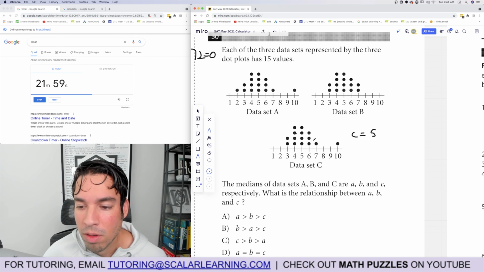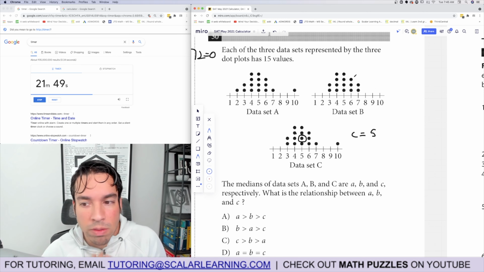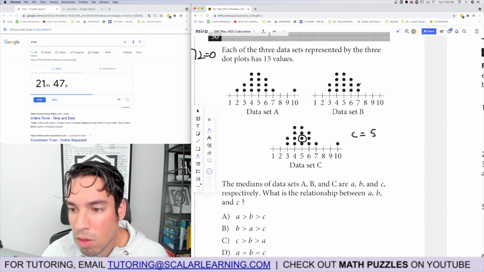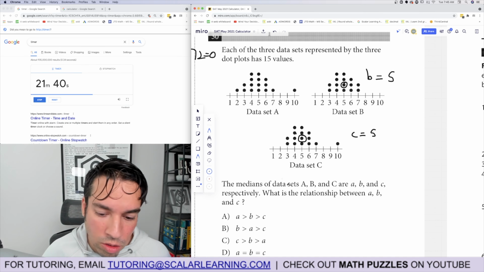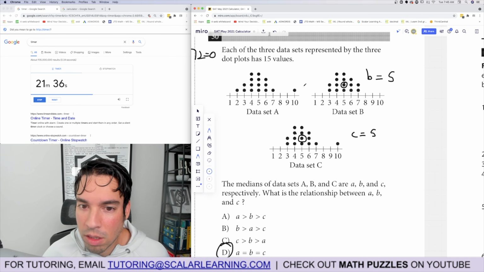Oh, sorry. The middle value is 8. 1, 2, 3, 4, 5, 6, 7, 8. But it doesn't matter. Okay, so there's the middle value. Here it's 1, 2, 3, 4, 5, 6, 7, 8. So it's probably D, because if these guys are equal, we're kind of done, right?